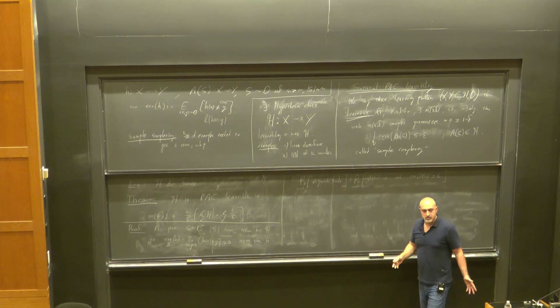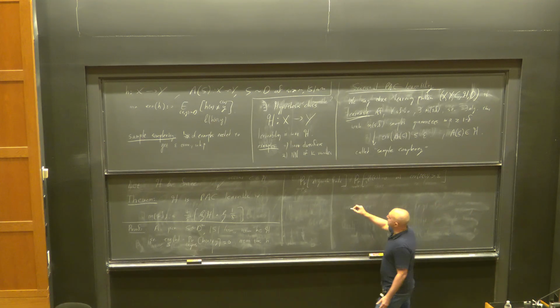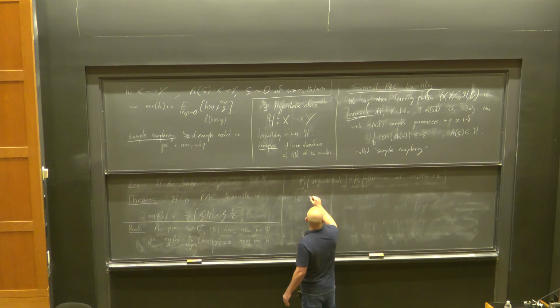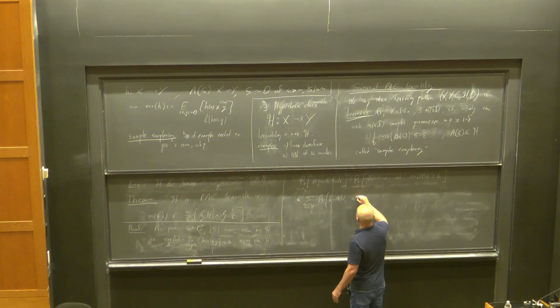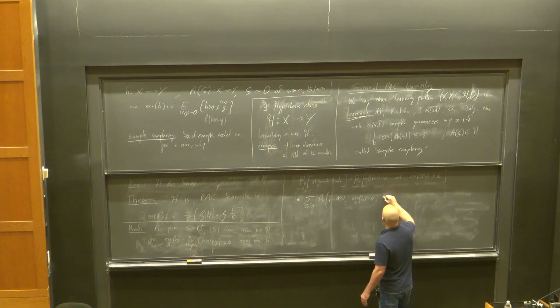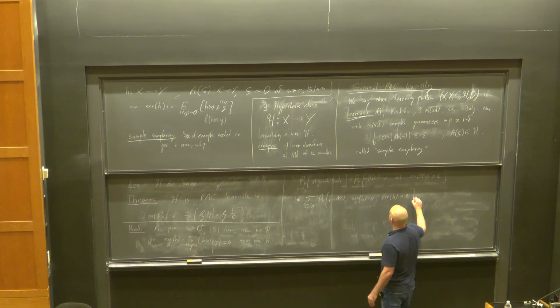So I need to go over all possible hypotheses, so this is equal to, or less than or equal to, the summation over all h in my class of the probability that h is A of S, and the error over the sample of h is 0, and the error of h is bigger than epsilon.